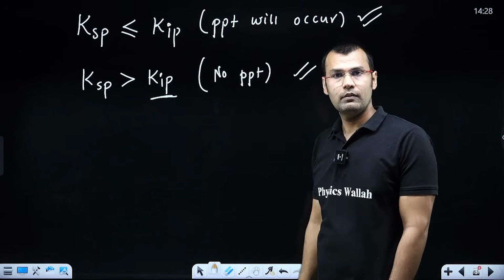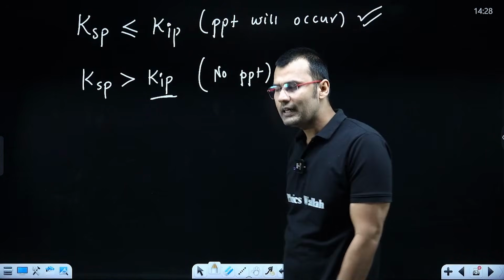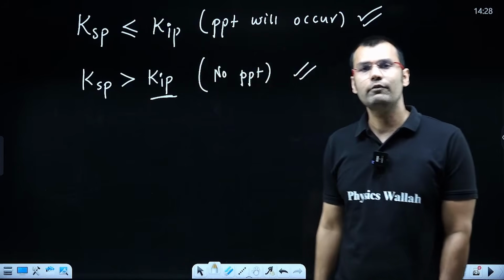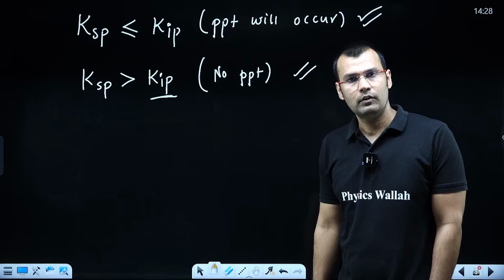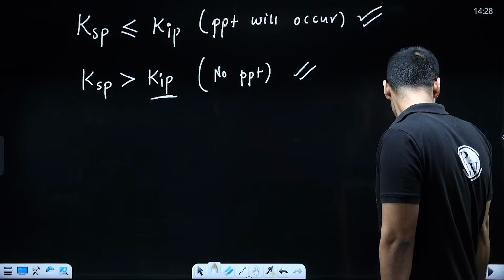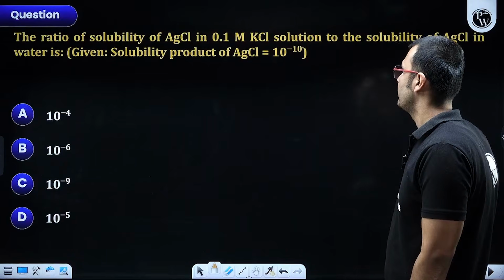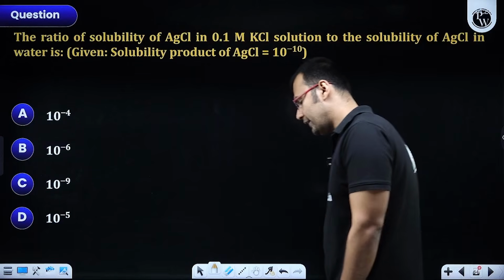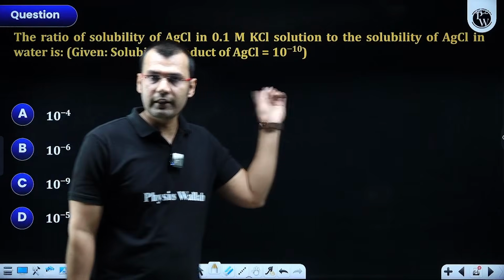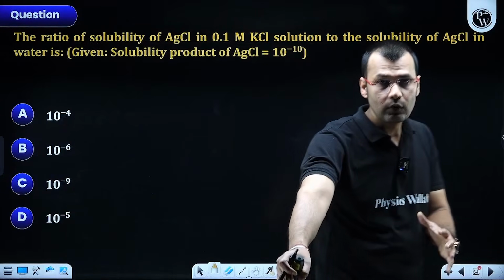And finding solubility from KSP or KSP from solubility is a very, very common question in the NEET examination. Now, after understanding KIP and KSP, let's see a few questions on solubility product and solubility. Read this question carefully, and if you can do it on your own, please do it.